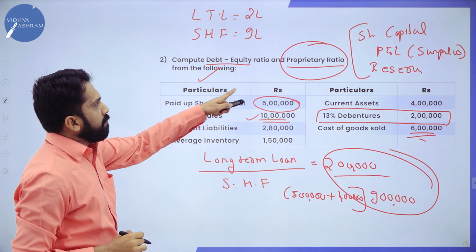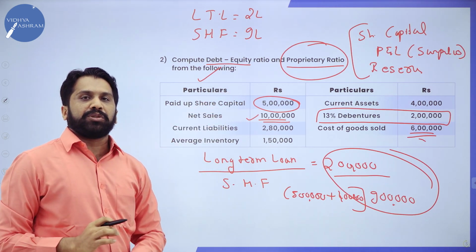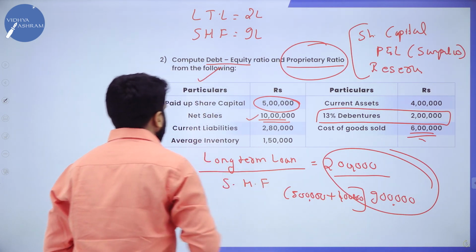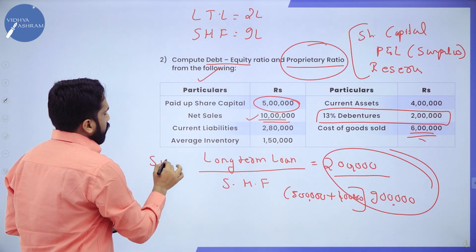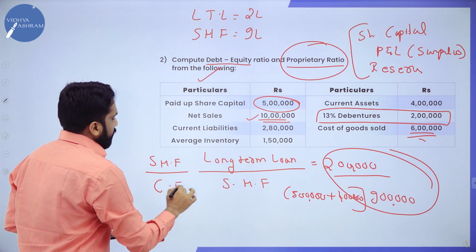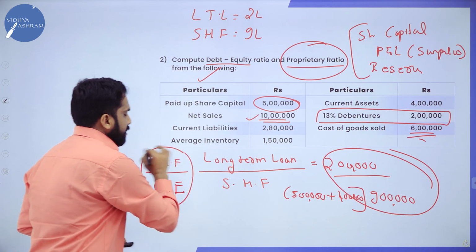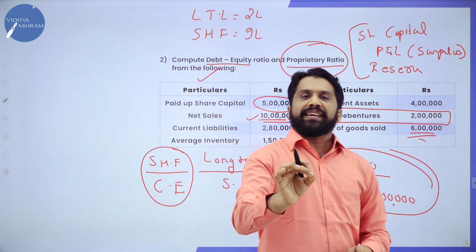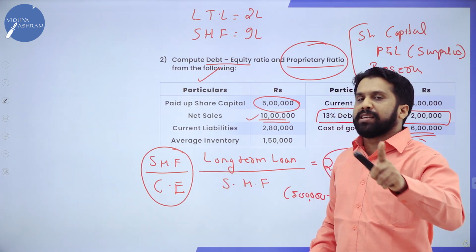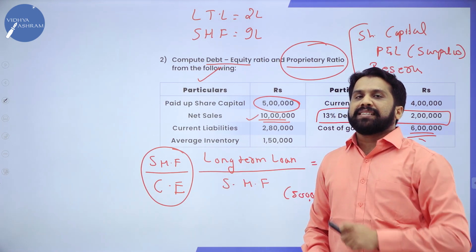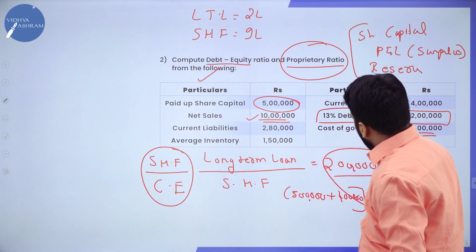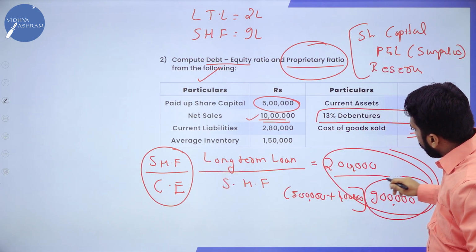The formula for proprietary ratio is shareholders fund divided by capital employed. What is the formula? Shareholders fund divided by capital employed. Now, shareholders fund you already calculated, how much is it?